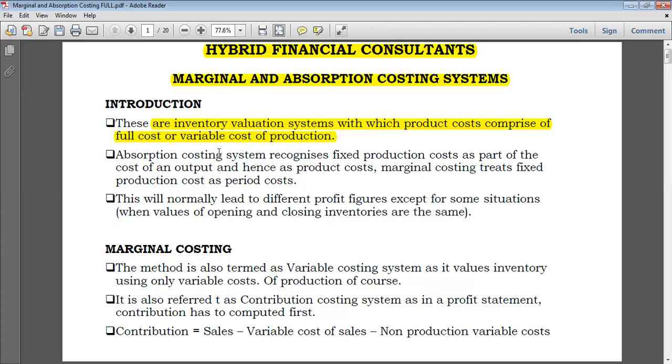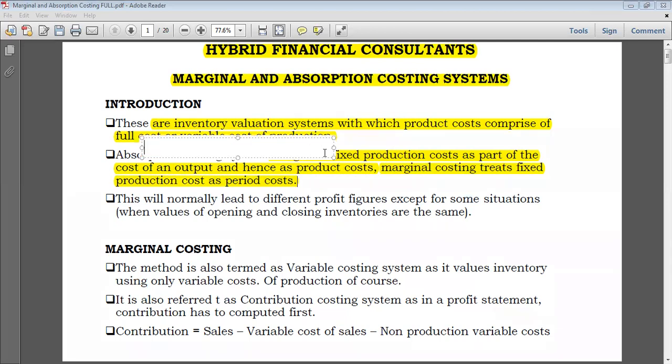Absorption costing recognizes fixed production cost as part of the cost of output. Simply speaking, it recognizes fixed cost as part of inventory, and so as product cost. Marginal costing treats fixed cost as period cost. When learning about cost classification, there is a classification by function.